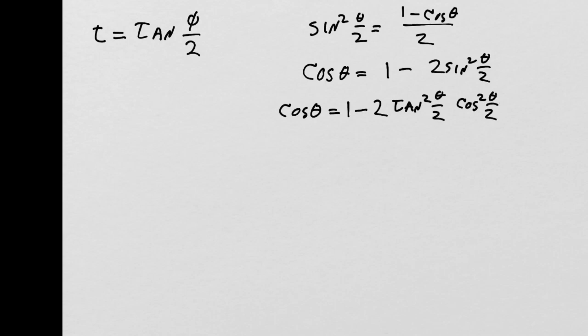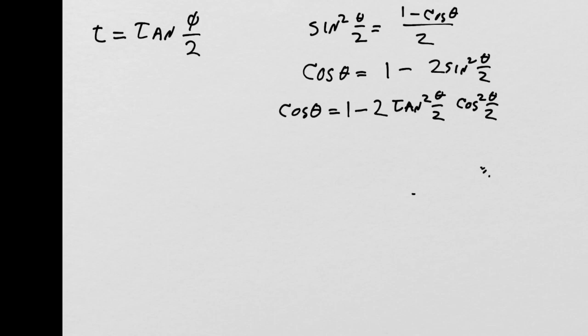And all we're doing here is understanding that tan squared of theta over 2 equals sine squared theta over 2 divided by cosine squared theta over 2, right? So this cosine squared here cancels with that and leaves the sine squared here just like that. So this is just a literal identity.